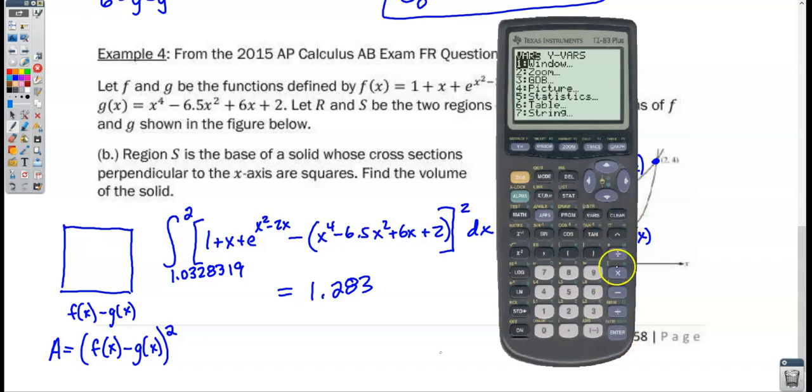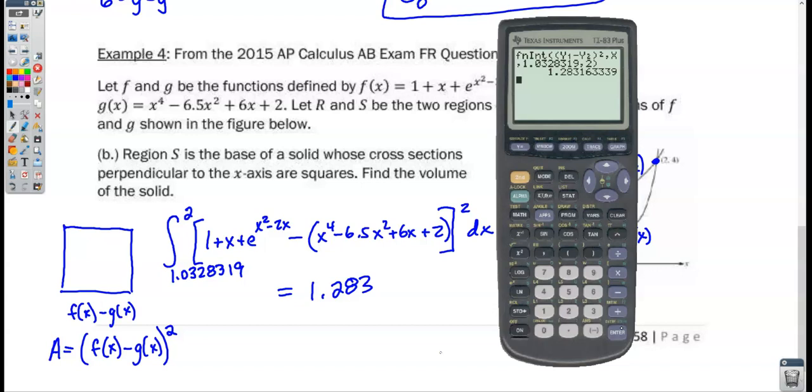Minus, go to my vars screen, grab y sub 2, and square that expression with respect to x from 1.0328319 to 2. Notice we get the same volume as we should.